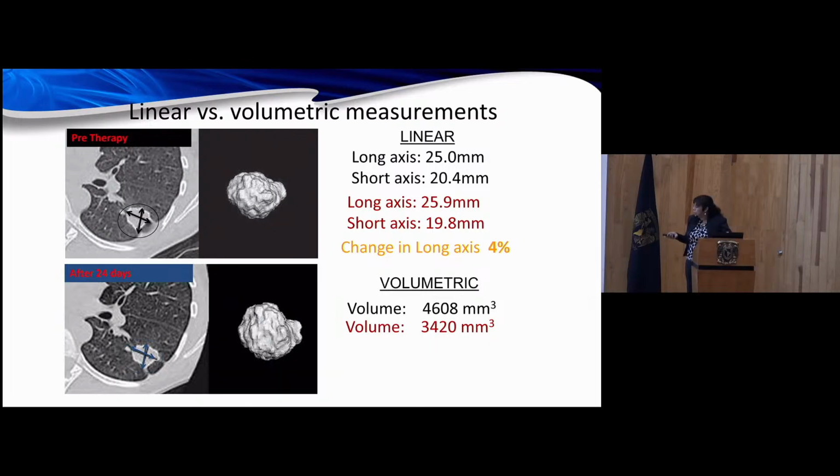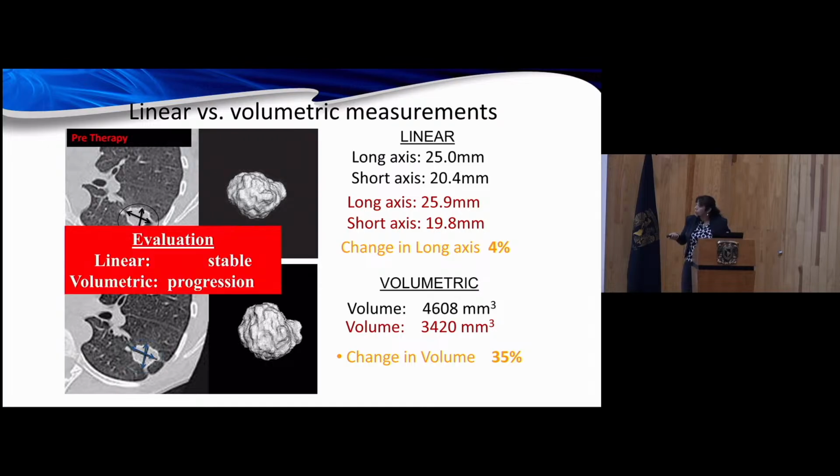In this case, if you see, the change with something that is measured linearly was 4%, and the change in volume was 35%, no? And now imagine this is a tumor, so in some cases it would be called a progression, or in some cases, it will be called stable.